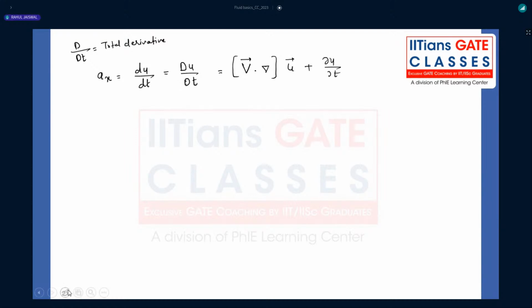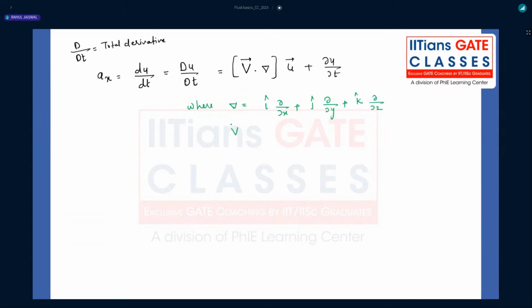Because sometimes in the GATE examination, particularly in the GATE examination, they can ask, in a vector format, the individual acceleration component, right? Where del can be written as i ∂/∂x, j ∂/∂y plus k cap ∂/∂z.